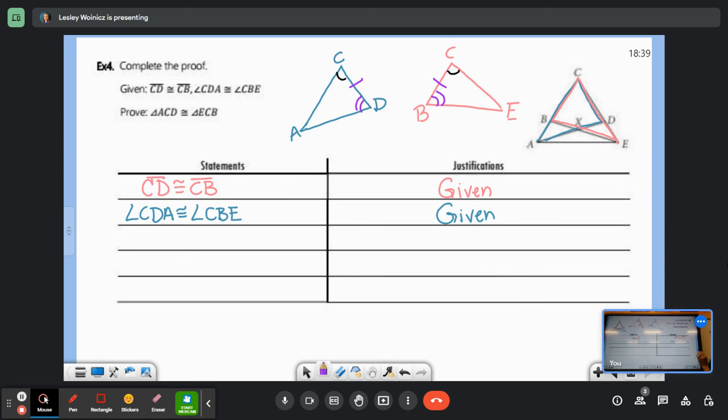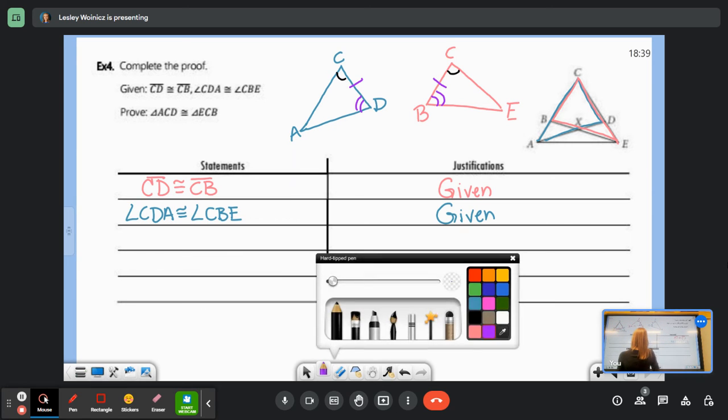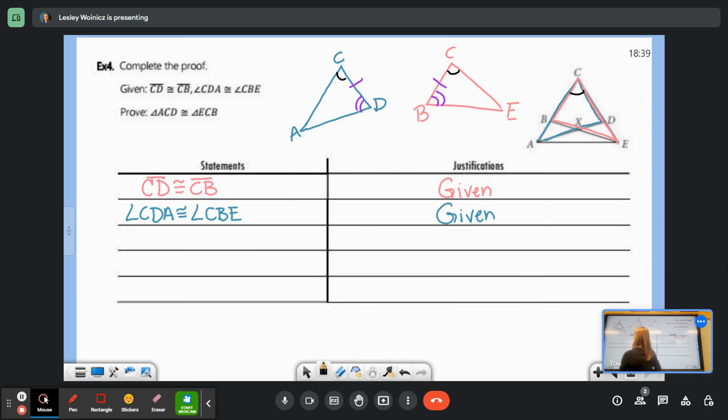Now, that takes care of my two given pieces of information. Now I have that angle C that I marked that they share. I'm going to call that angle ACD and say that it's congruent to angle ECB.